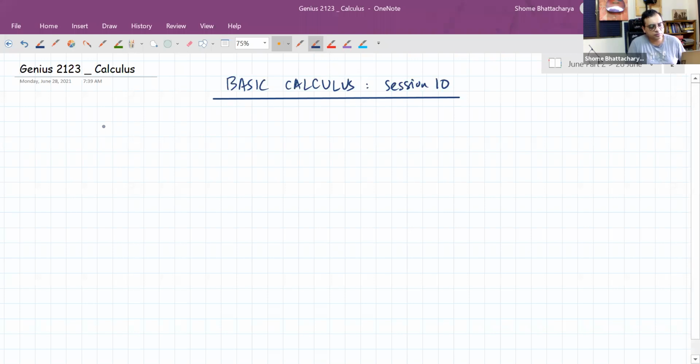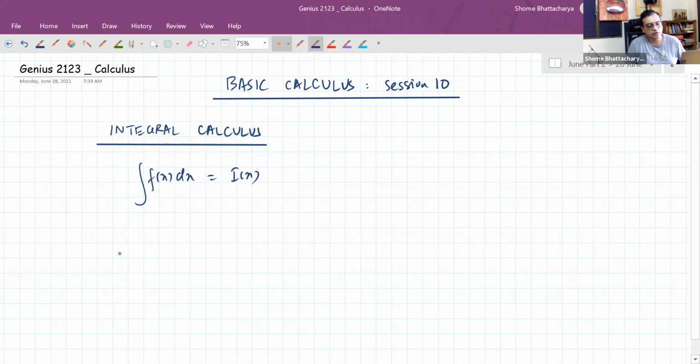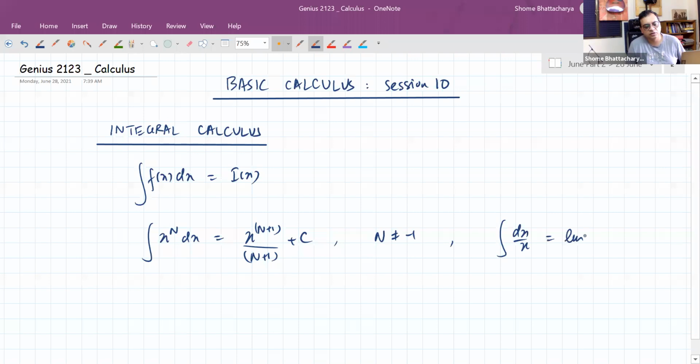Okay, so we had seen two types of integration last time: indefinite integration and definite integration. So there was the whole concept of antiderivative. So the basic formula being this: for n not equal to -1, whereas for n equal to -1, we had the integration ln x plus c.